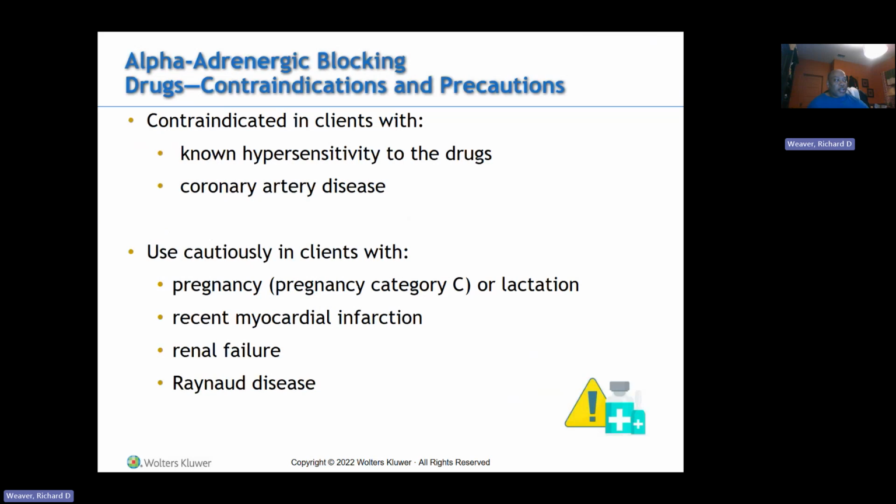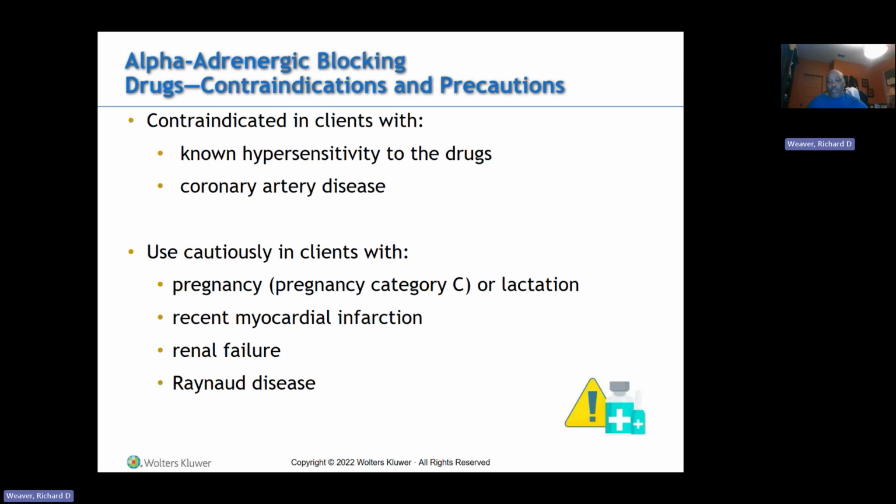Now, when it talks about caution, right, use cautiously in clients with, that means that we can give it, but we just have to really be vigilant in assessing these patients. So as you can see, pregnancy, lactation, that's always the case, it seems, most of the time at least. Recent myocardial infarction, renal failure, and also Raynaud disease.